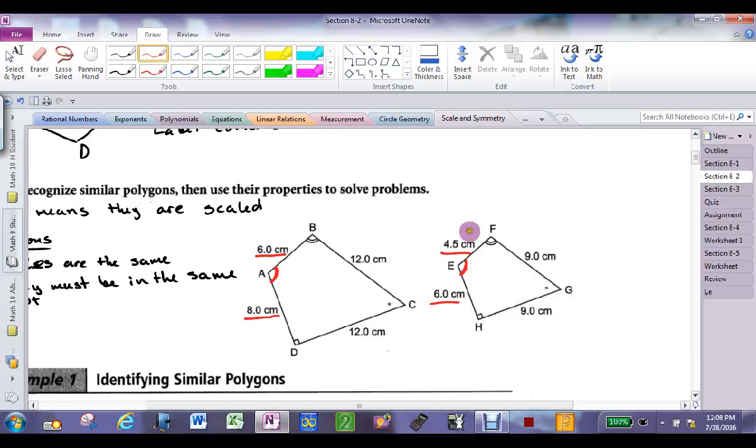If I rotate this shape around and I put E over here and I make it look like this, there's my 90, and I put E over here, kids will tell me that it's not similar. 4.5 and 6. Even though it's the same value and it's between the shortest and the middle.